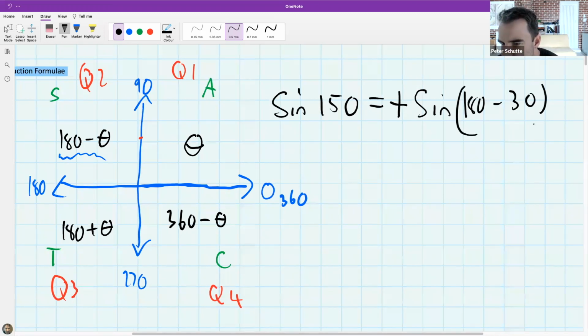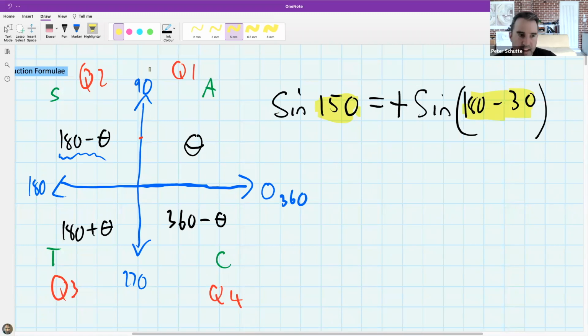Now, again, I don't think that is too tricky by itself. It's tricky because it's written in terms of this reduction formula, but I think you would give me a thumbs up if you agree 180 minus 30 is the same as 150. So if you agree that this is the same as this, give me a thumbs up. Okay.